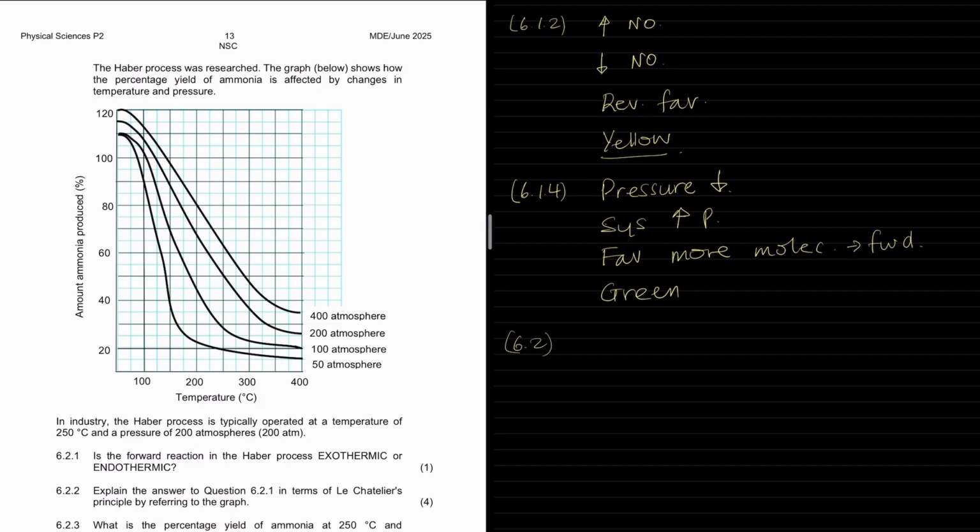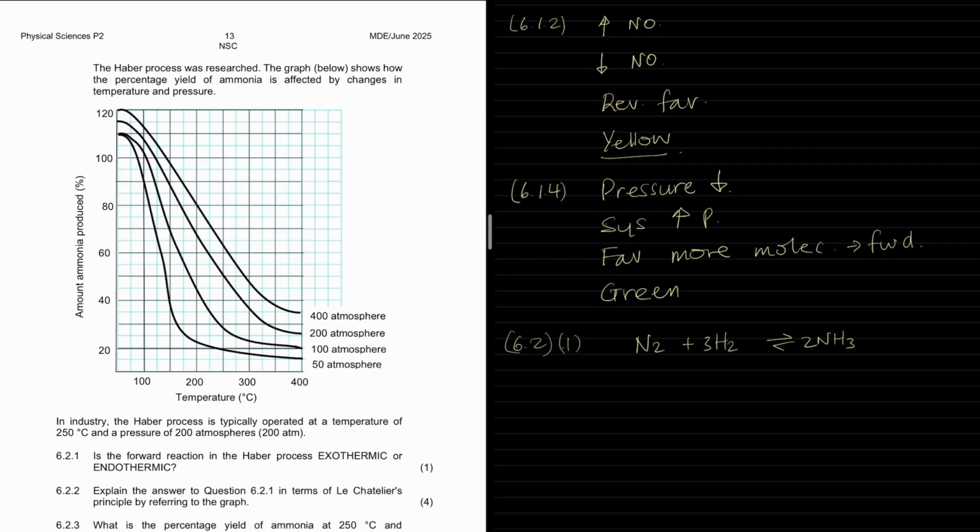6.2.1 Is the forward reaction in the Haber process exothermic or endothermic? Okay, so to answer this question, I'm going to assume something. Here's my reaction, N2 plus H2 gives me NH3, and that should be 2, that should be 3.